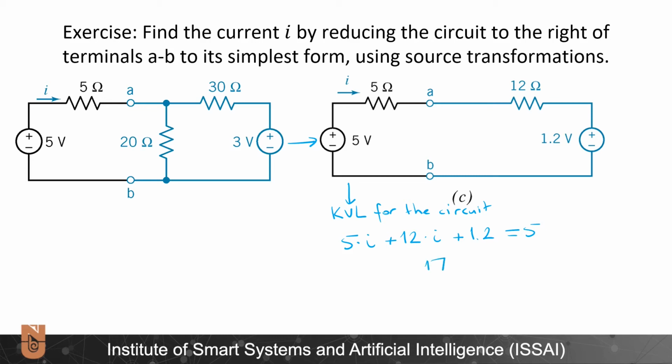So accordingly, 17 times I will be equal to 3.8, and we will have I equal to 3.8 over 17 amperes as the current value.